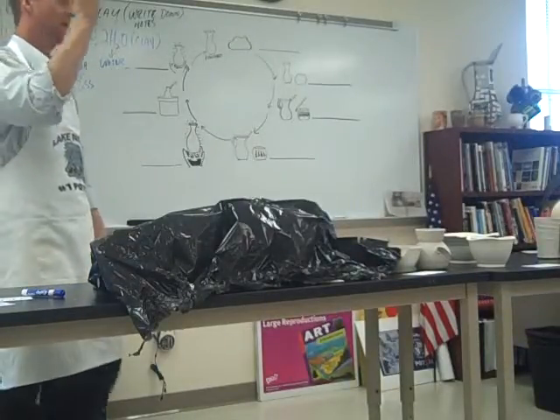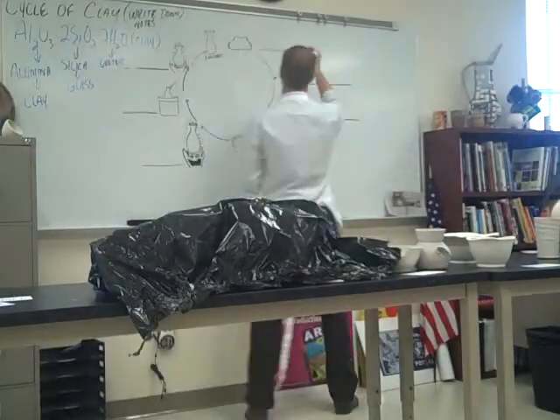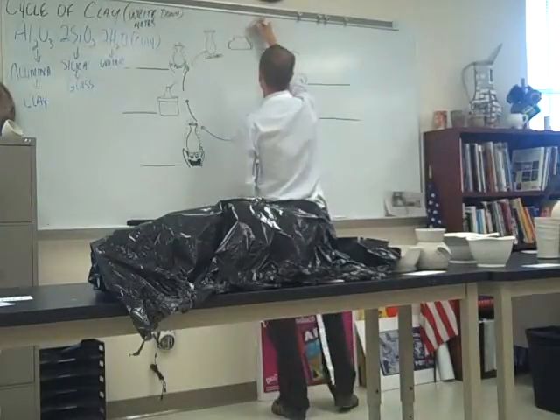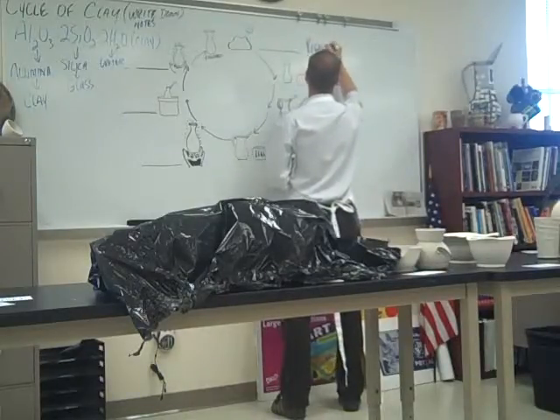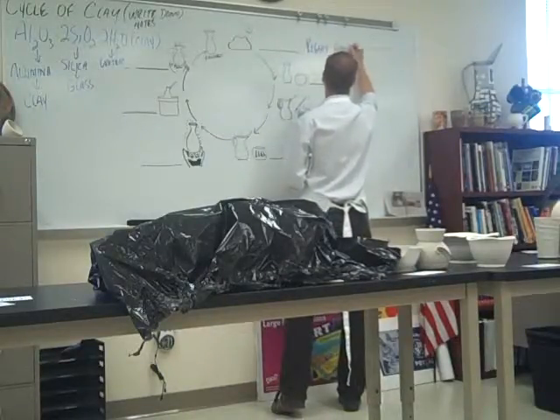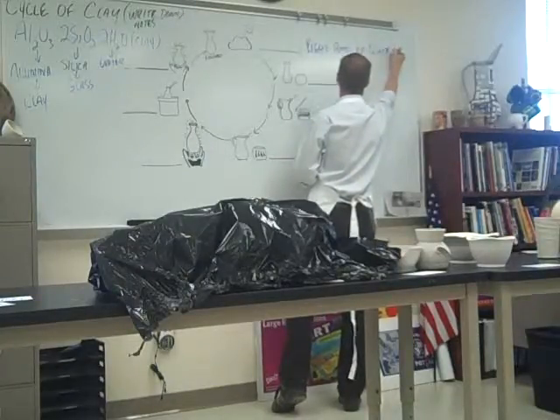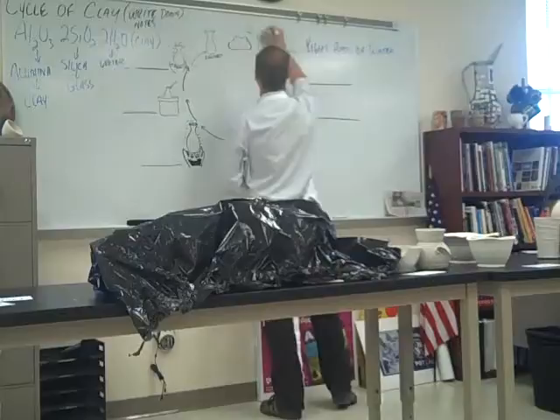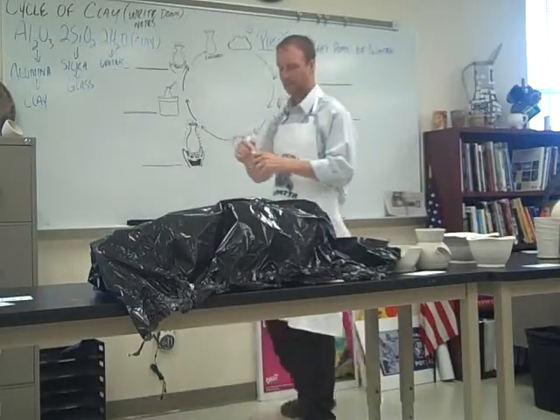All right? So, to be able to make a pot, we must have the right amount of water. This is the first stage. I'll put 1 here. The first stage of the cycle of clay, let's write it down, is called plastic. Plastic clay.